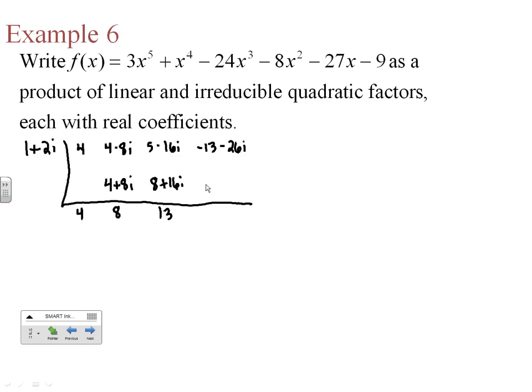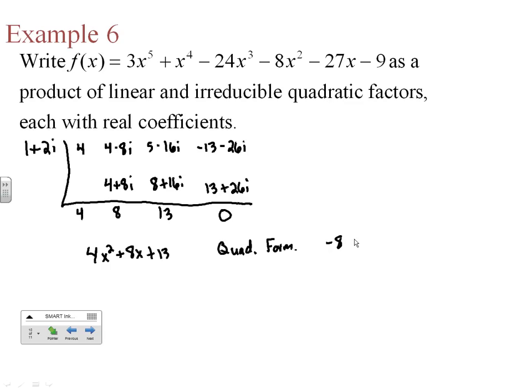And then if I distribute that, I get 13 plus 26i, which makes that 0. So 4x squared plus 8x plus 13 is what I have left of my polynomial, which I can't factor, so I'm going to have to use the quadratic formula to figure out what my last two zeros are.